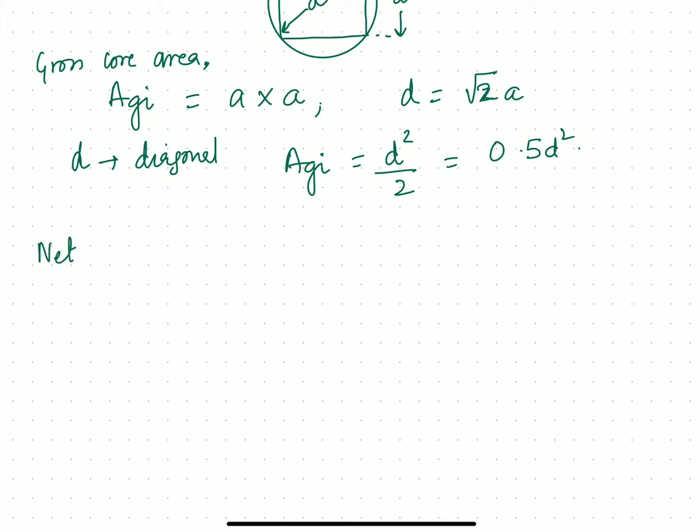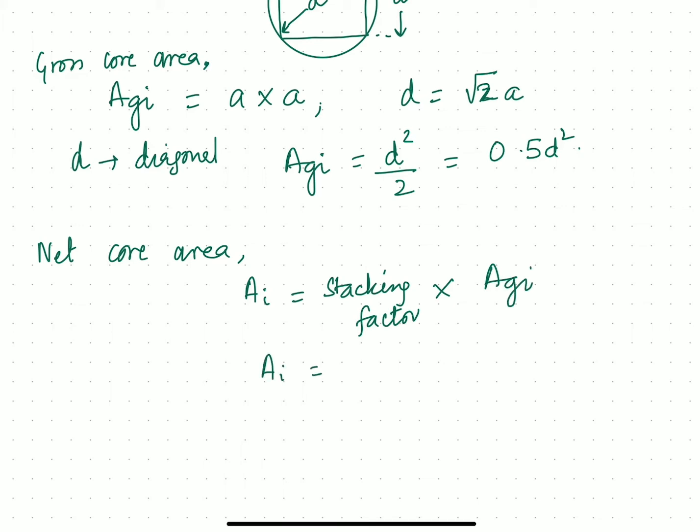Then you have the net core area. Net core area AI is equal to the stacking factor times the gross core area AGI.